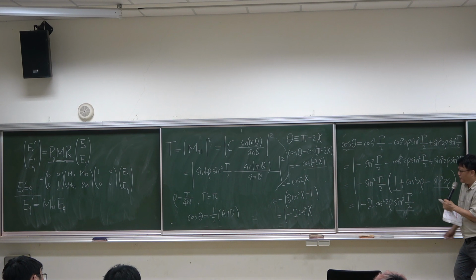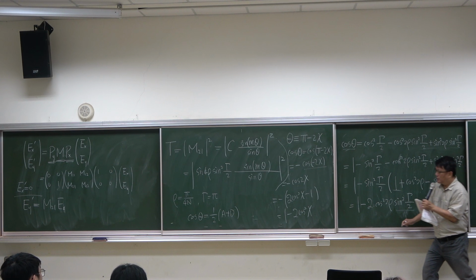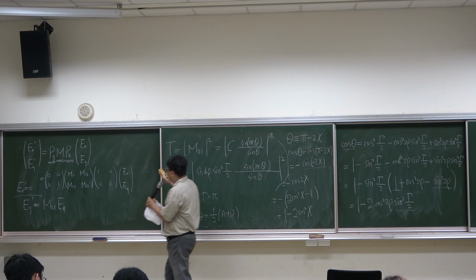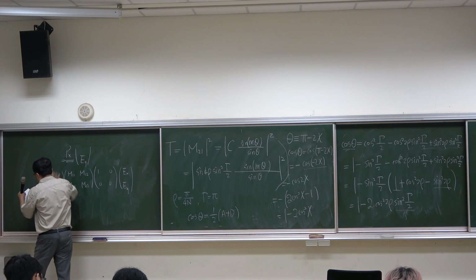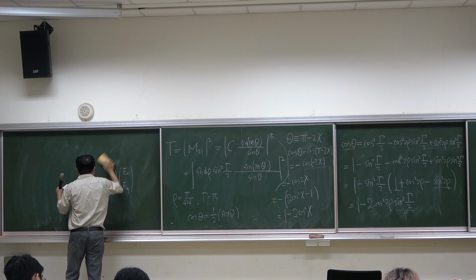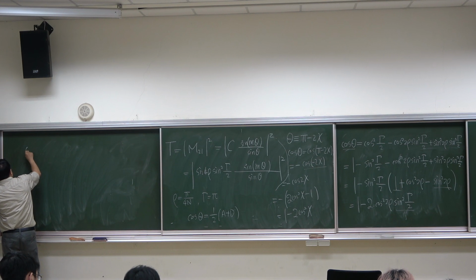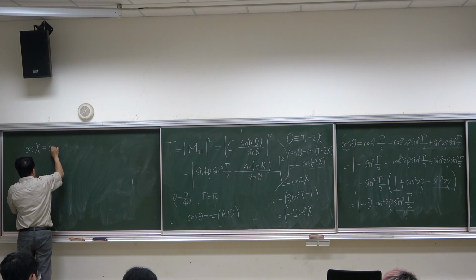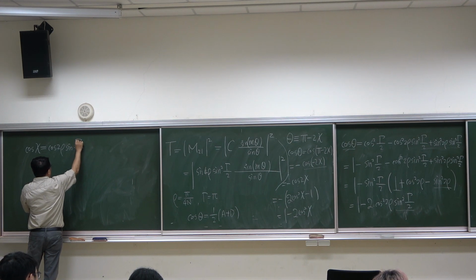Okay? So if you compare this result with this result, then we get the result that cosine chi is equal to cosine 2 rho times sine half gamma.